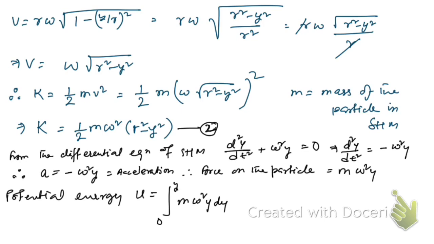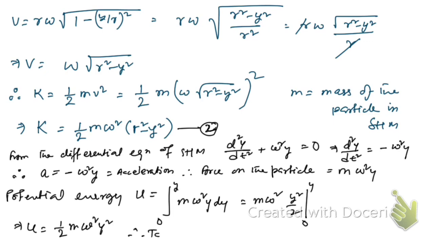So now you see, if you integrate it, this part is the constant part, so that's going to be taken out of the integral. So integrating y, you're going to get y square by 2, and we have to integrate it from 0 to y, and doing so we're going to have potential energy is equal to half m omega square y square.